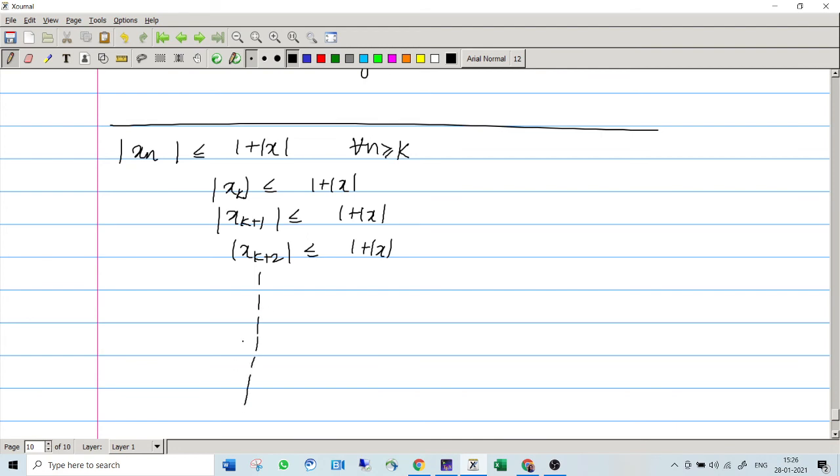But to show that your sequence is bounded, you wanted that mod of xn is less than or equal to some number for every n in N.